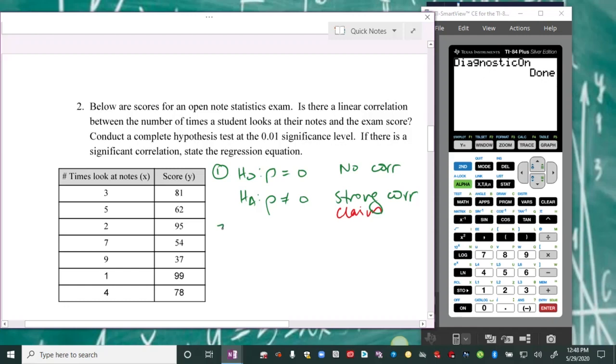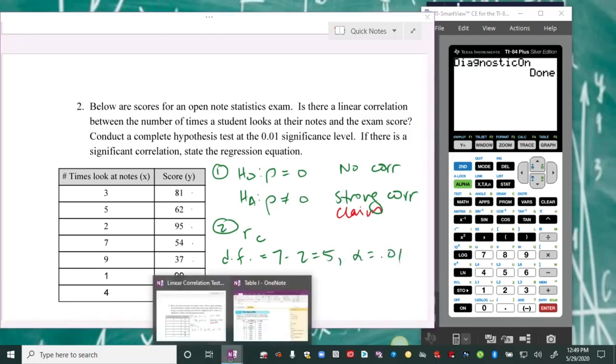Step number 2, let's go ahead and find the critical R value, and we're going to do that in table I again. So we need degrees of freedom. Degrees of freedom is n minus 2, so the number of pairs, 1, 2, 3, 4, 5, 6, 7. So 7 minus 2 is 5, so 5 degrees of freedom. Alpha is 0.01.